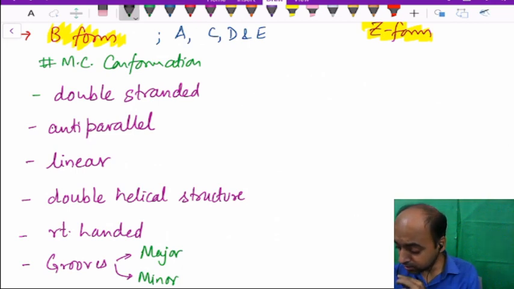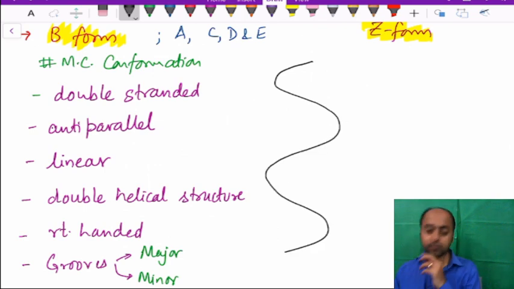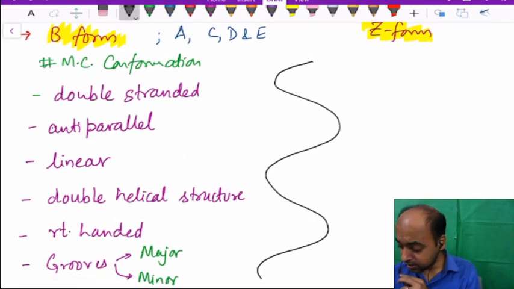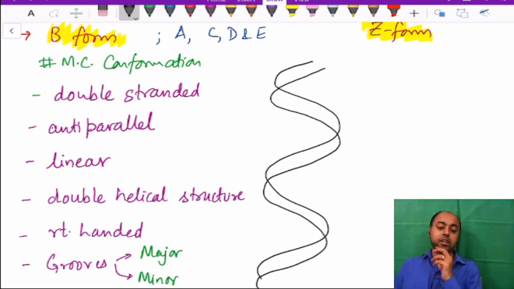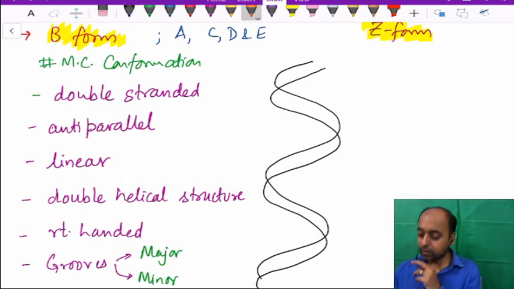If you look at the structure, it is something like this. The two strands of DNA running together in the helical form. Now, in this structure, a few things of note which you should be able to tell.